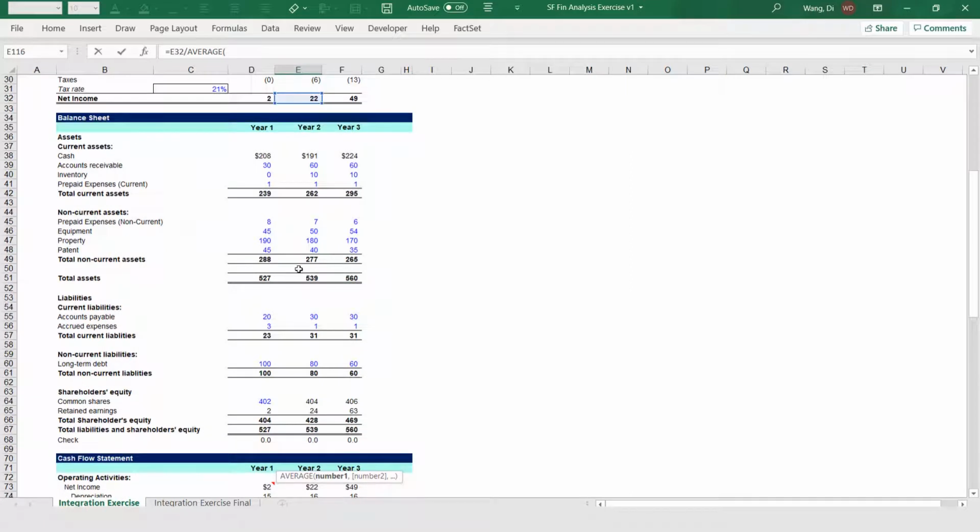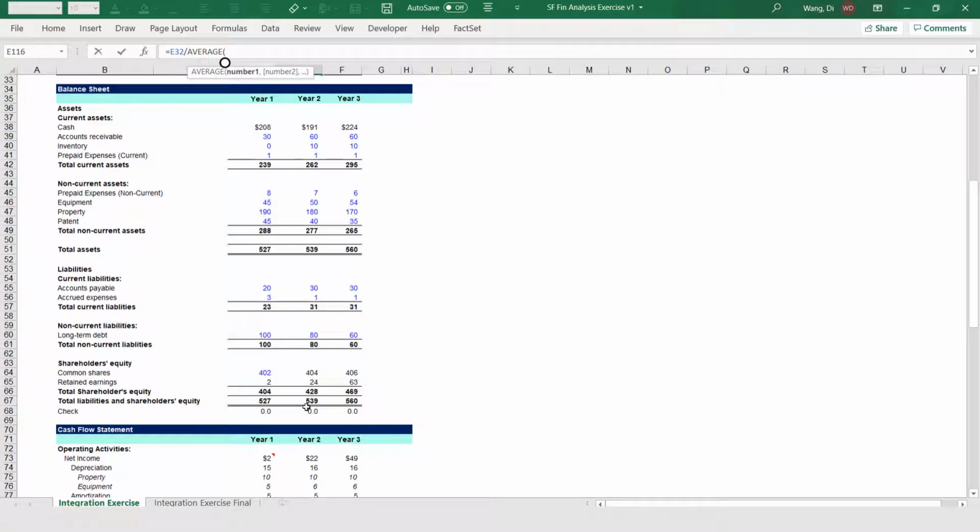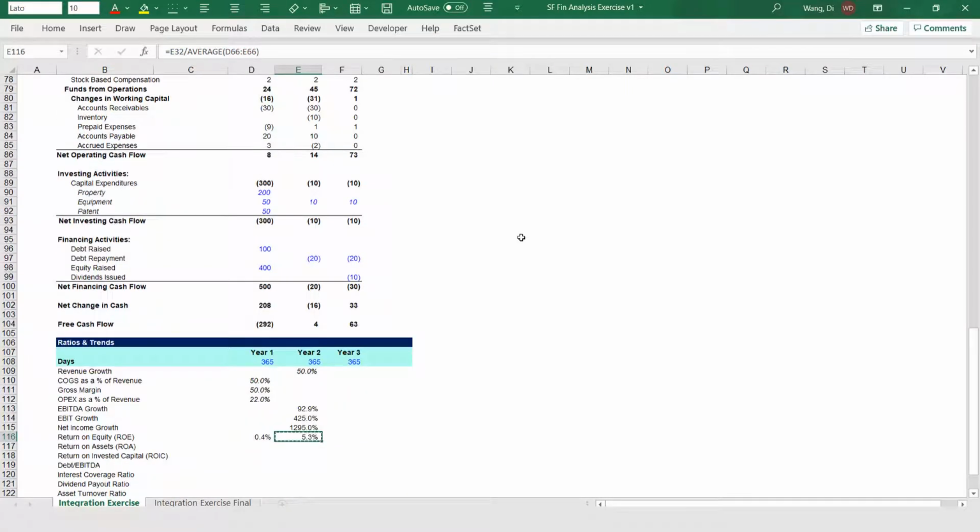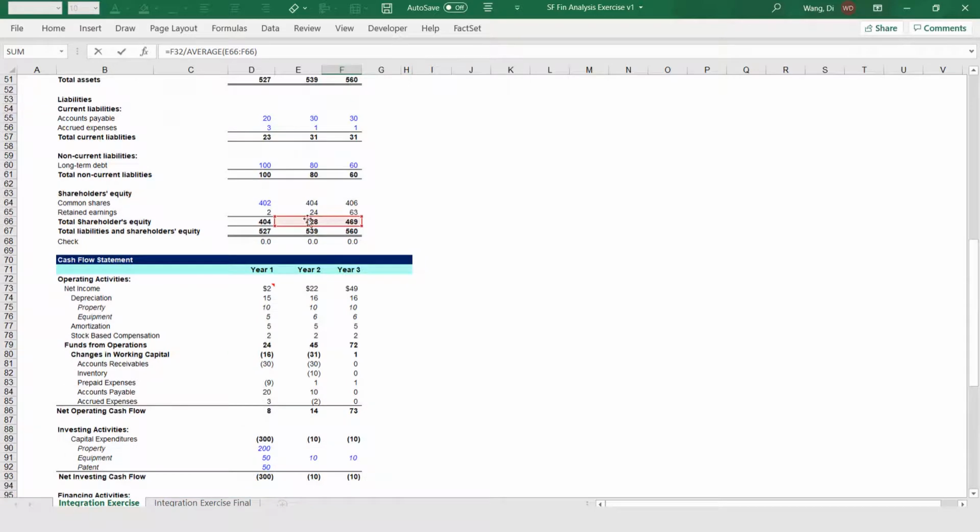And keep in mind that as you are typing out a function, you just press tab, and that'll get you to the function that is highlighted. So average of year 2 and year 1's shareholders' equity. This number right here, you can copy to the right because in year 3, we have an average since we have year 2's number as well.